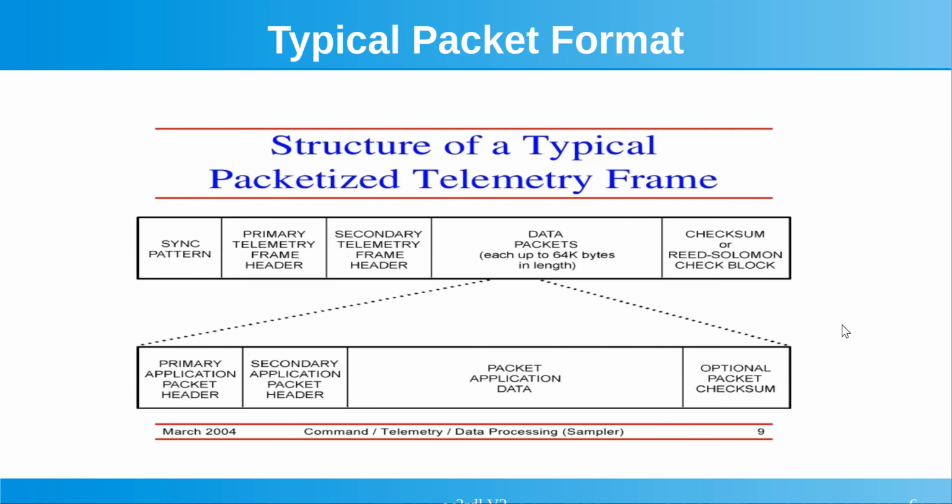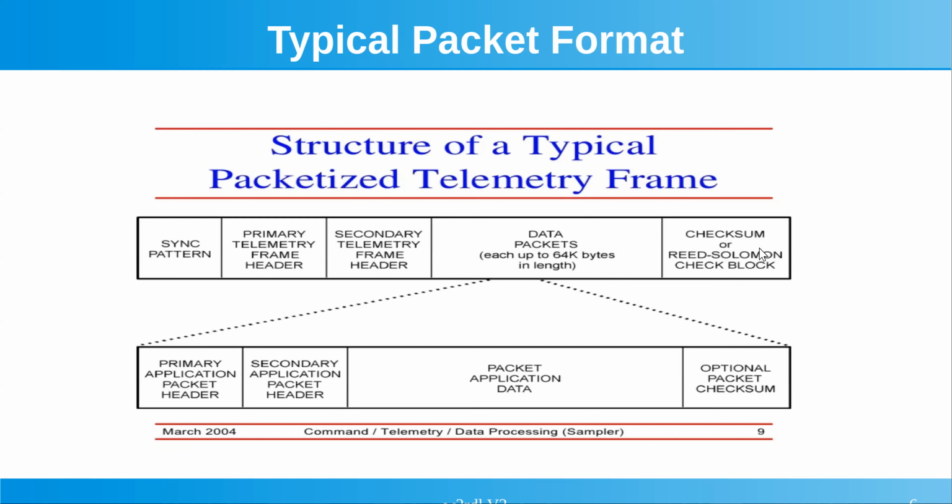I've really not done much packet, except for Ethernet, which is packet like this. So here, the typical frame, we've got sync, the headers, the actual data or message, followed by usually a checksum. It could be something more sophisticated, like Reed Solomon, as opposed to just a checksum.